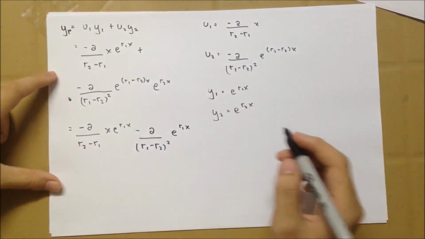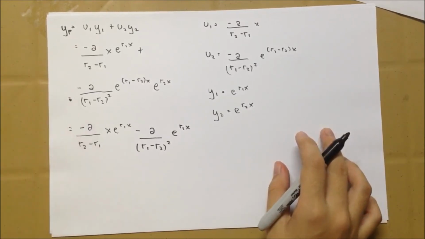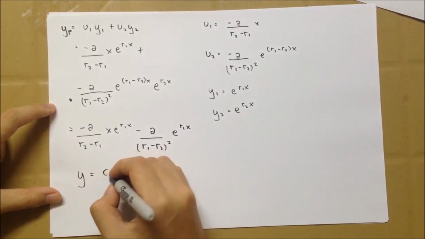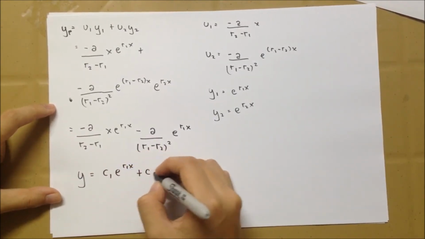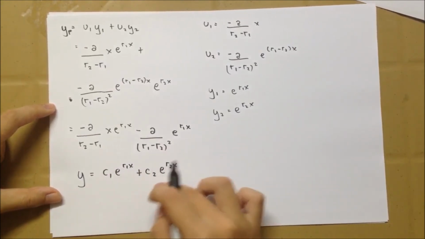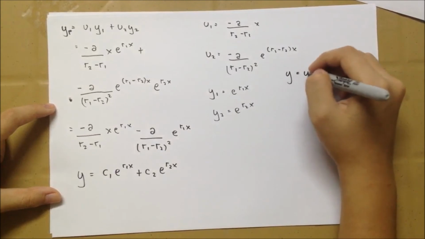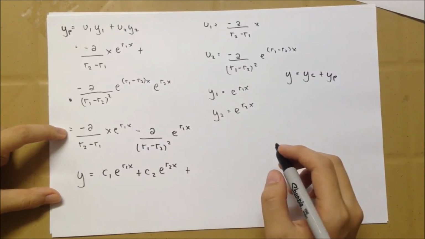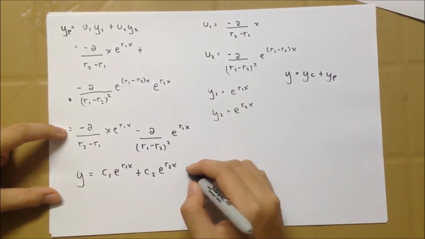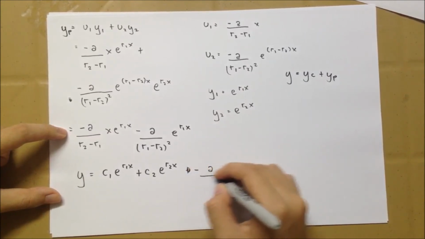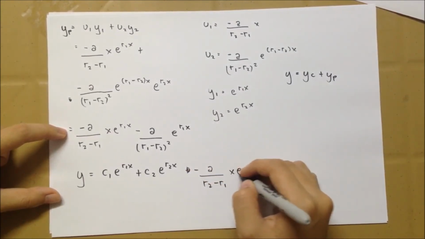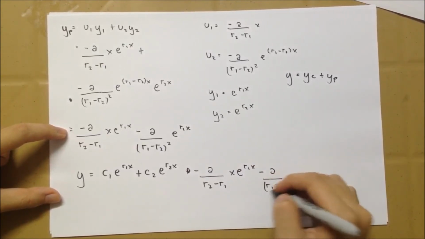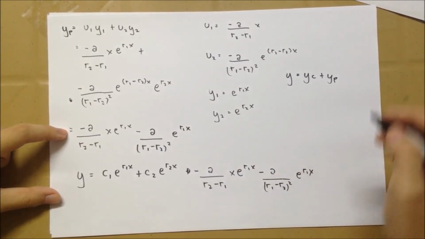So my complete solution for this differential equation is just y equal to c1 e to the r1x plus c2 e to the r2x. This is my homogeneous part. Recall that our general solution is composed of yc plus yp. So plus my yp, which is negative a over r2 minus r1 x e to the r1x minus a over r1 minus r2 squared times e to the r1x.